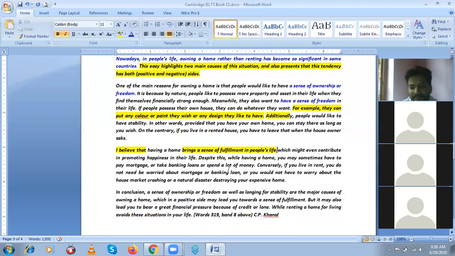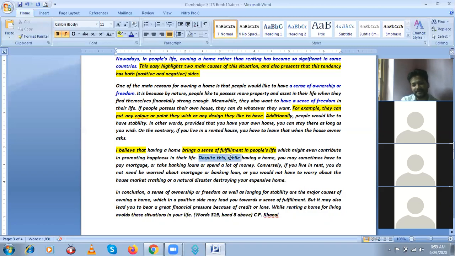When people have their own home, they can feel a sense of fulfillment, or they feel that their dream has come true, and it may finally contribute to bringing happiness in their life. This is the positive aspect.